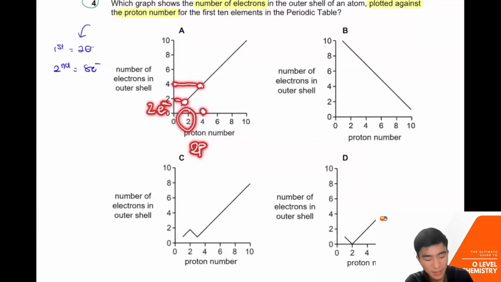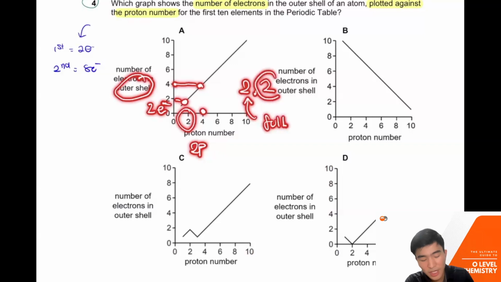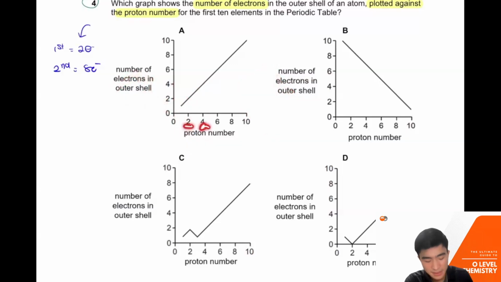The answer is no, because the first shell is full already with 2 electrons, so the outer shell changes back to 2 electrons. So you will notice that proton number 2 and proton number 4 both have 2 valence electrons.